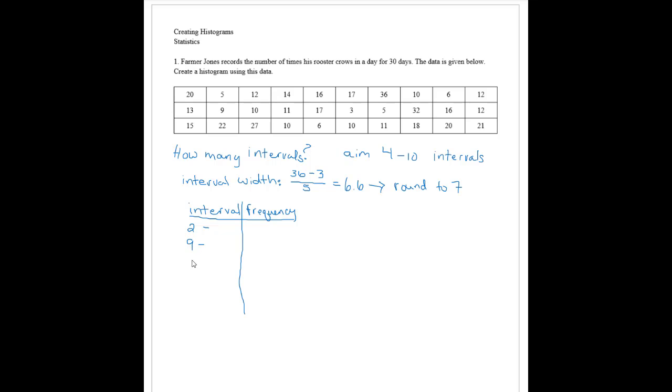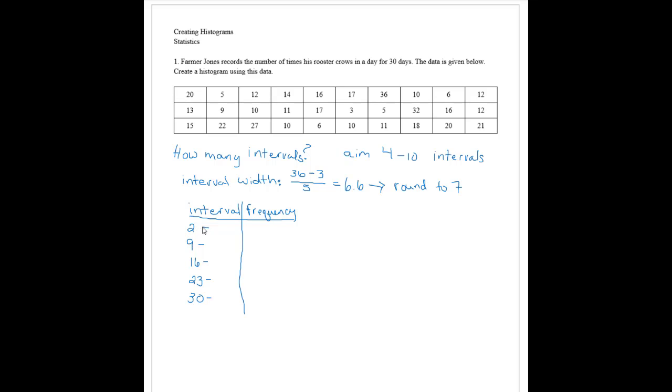So I construct all of the first numbers for my intervals using that interval width. All right, 9 plus 7 is 16. 16 plus 7 is 23. 23 plus 7 is 30.